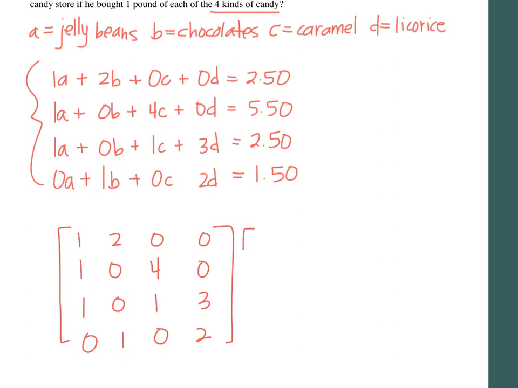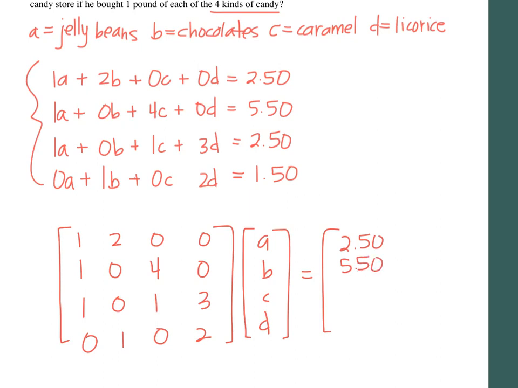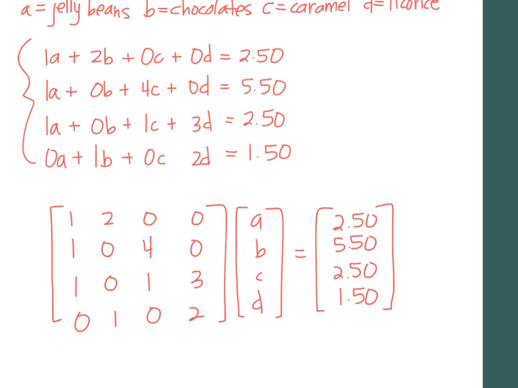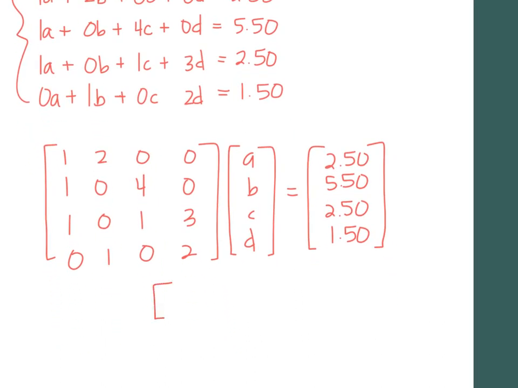And then my variable matrix would be A, B, C, D. And then 2.50, 5.50, 2.50 again, and 1.50. And we are going to put the 4x4 matrix into matrix A, and then we will still have our variable matrix. And we'll put the 4x1 matrix into matrix B, and we'll do that in our calculator.